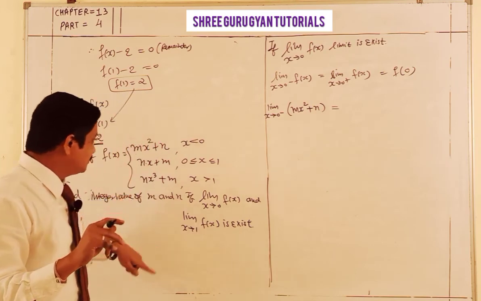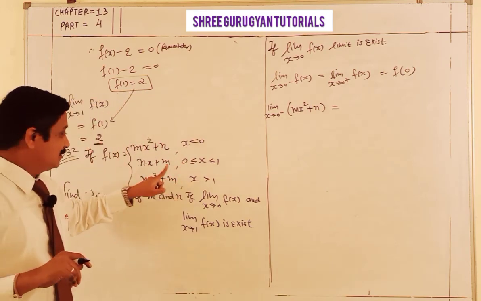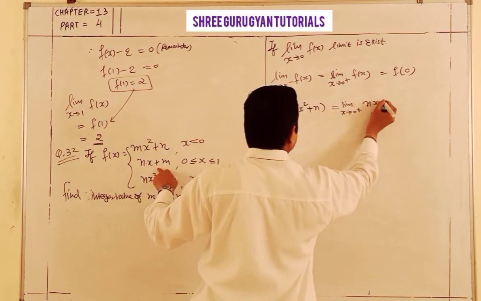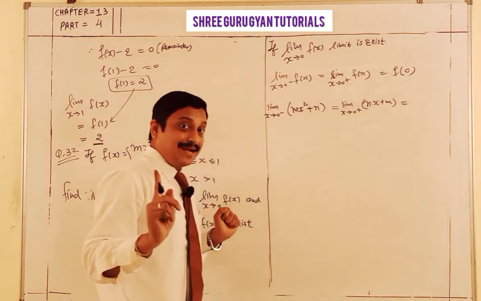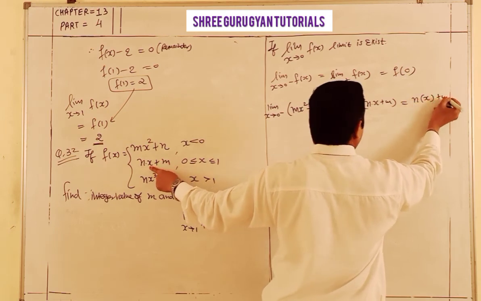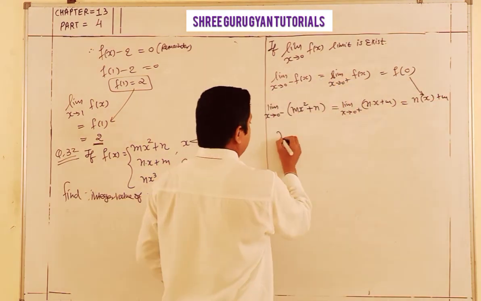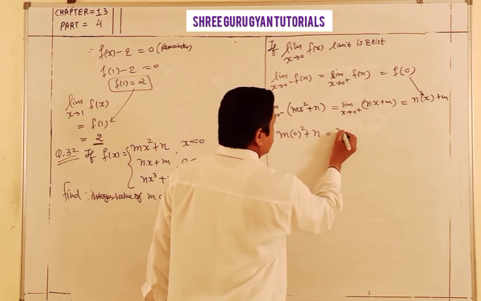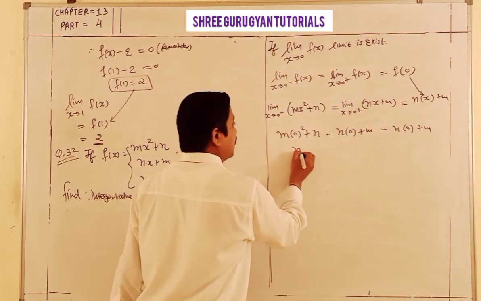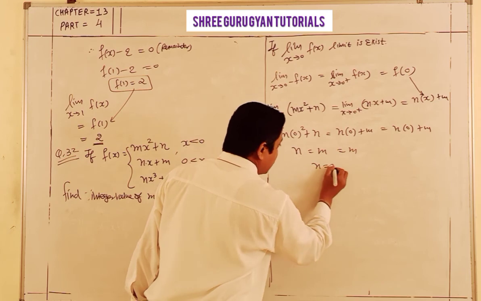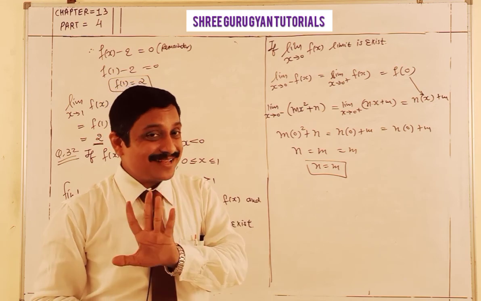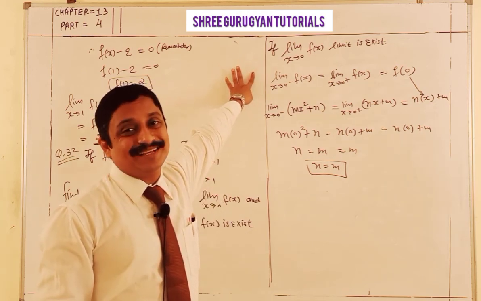Now 0 from the right, it is nx plus m, and exactly at 0, again nx plus m. Putting x as 0, m into 0 square plus n, n into 0 plus m, so my answer is n is equal to m. Indirectly, your first answer is that whenever n is equal to m, the limit exists for x tends to 0 of f(x).